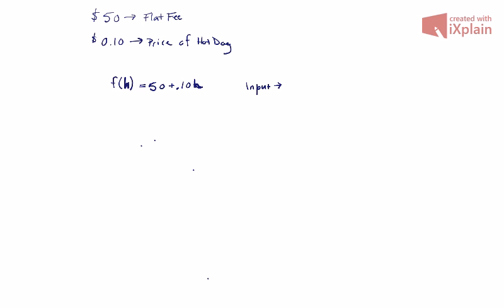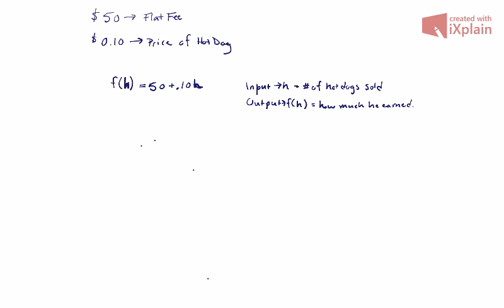Our input is going to be our h variable, which is going to be the number of hot dogs sold. Our output, or our f of h, is going to be how much he earned.